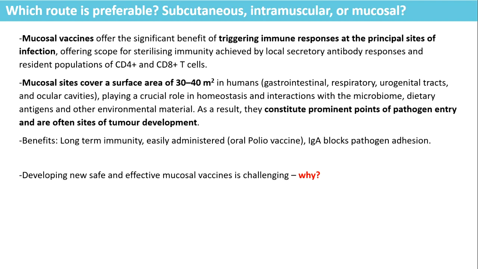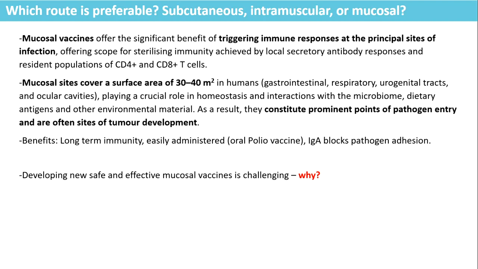Can you think of why that might be, bearing in mind what we just said? Obviously, your mucosal environment has a lot of interactions with the microbiome. You've got a lot of other interactions going on. So what else is occurring, especially in your GI tract, for example? You're encountering a heavy antigenic load through those mucosal surfaces, especially in your GI tract.